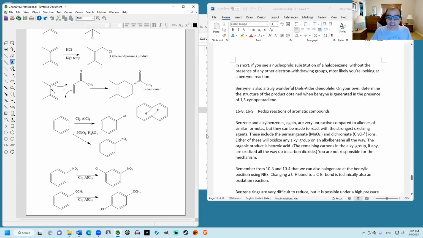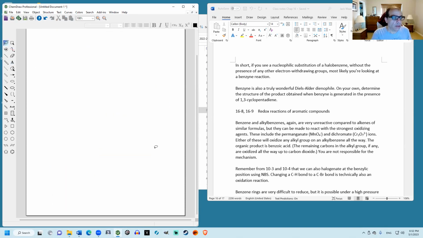We talked about alkyl benzenes. For example, we said that if you treat pretty much any alkyl benzene, as long as there's at least one benzylic hydrogen, the other two bonds can be to anything, then this reacts with potassium permanganate in water, and the product that you get is the carboxylic acid.